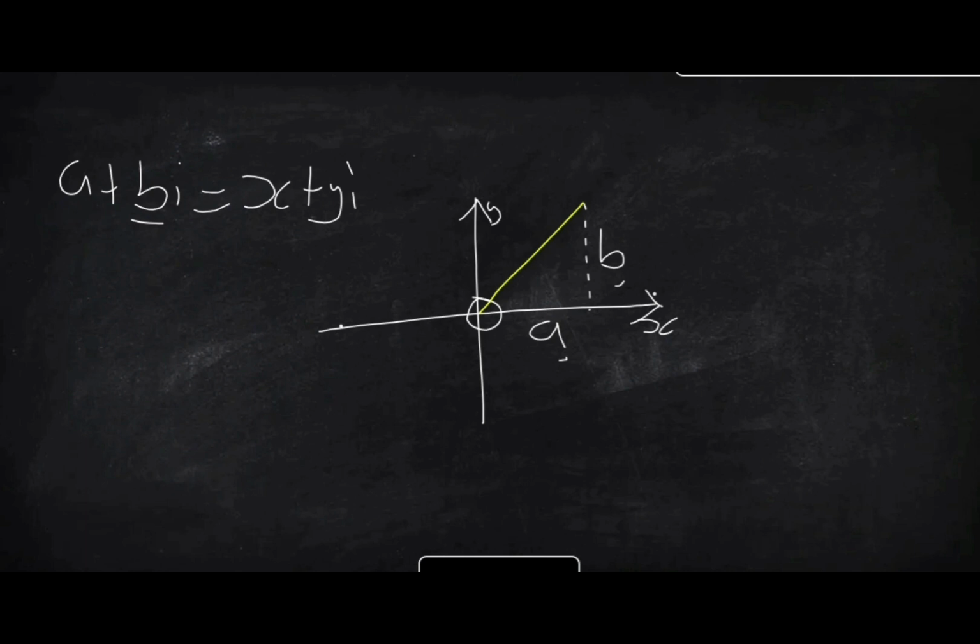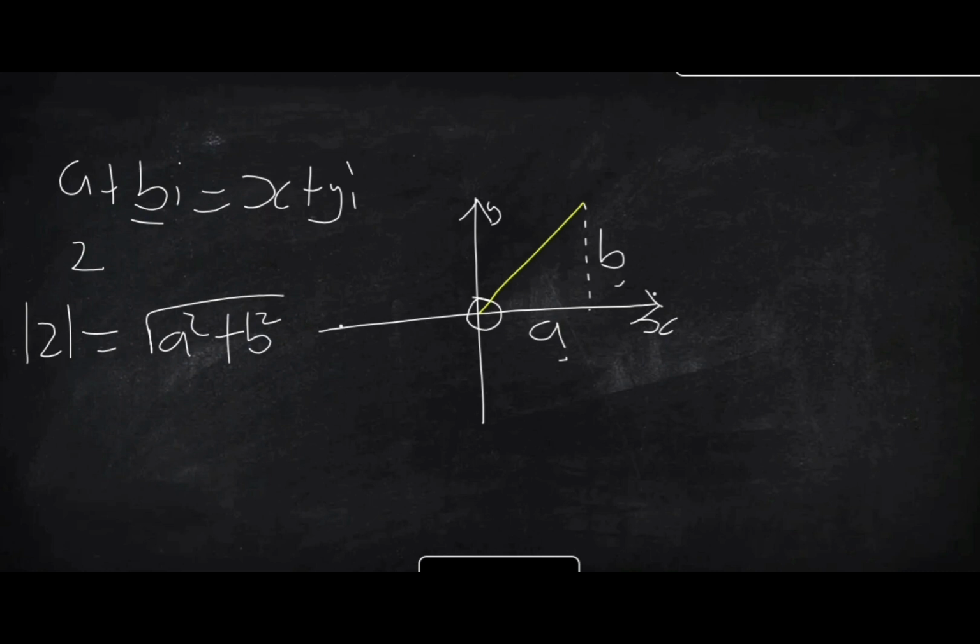And from Pythagoras theorem, we know that to find the radius, provided our complex number is called z, to find the modulus of z, which is represented as magnitude of z, it should be equal to the square root of a squared plus b squared.